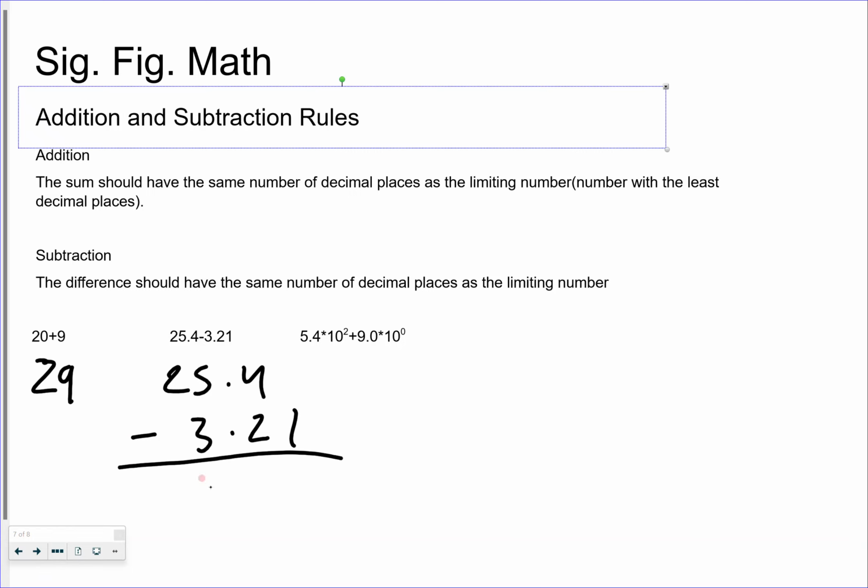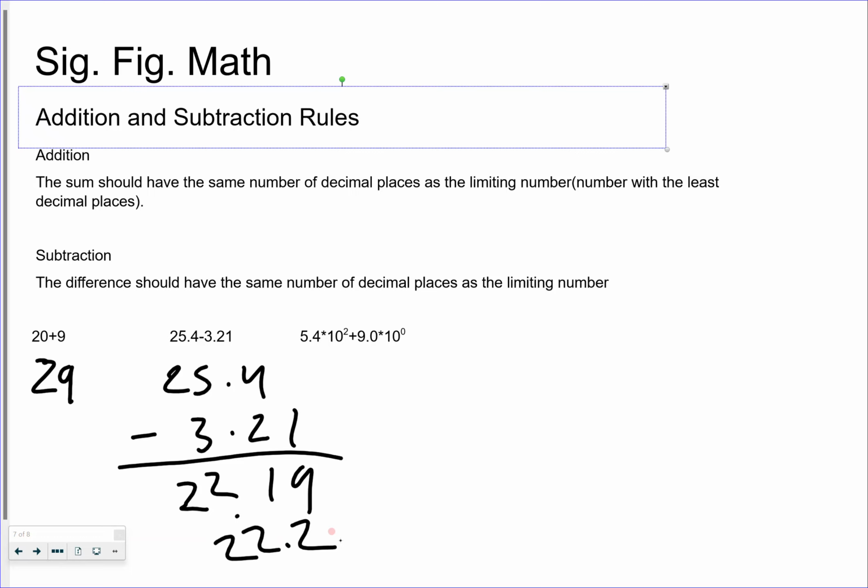When we crunch that math, we get 22.19. But since this 0.09 goes beyond the 0.4 in the 25.4, we have to adjust for sig figs, so the final answer would be 22.2.